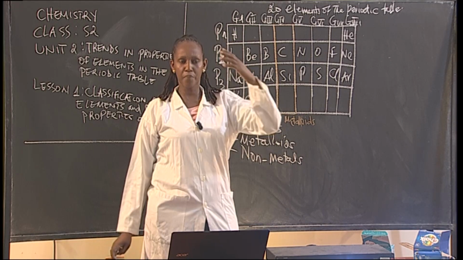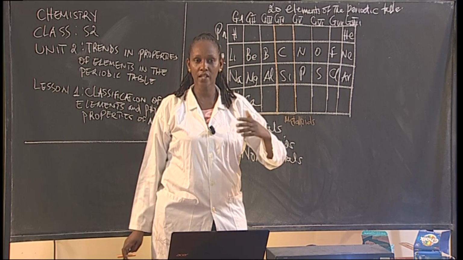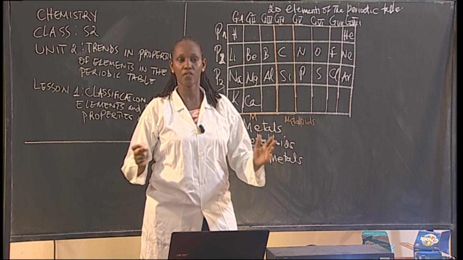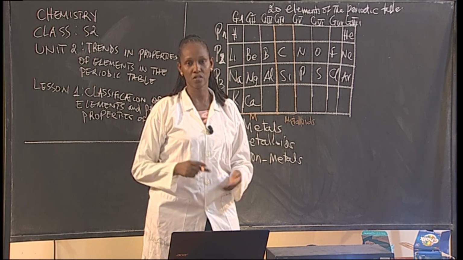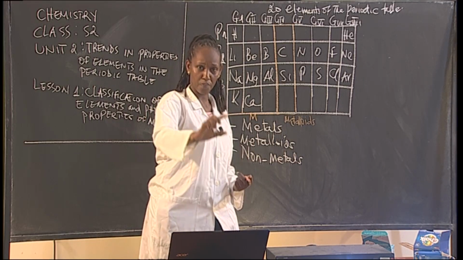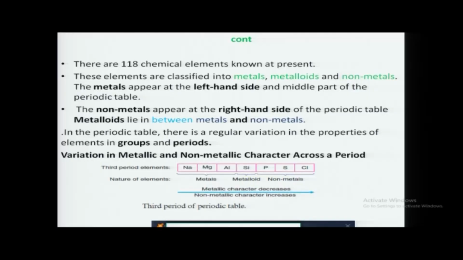So, in the periodic table, there is a regular variation in properties of elements in groups and periods. Those in the groups may be in the same class, but in a different group or a different period. There is a difference when you talk of the period. You say lithium, beryllium, and boron, they are in the same class.